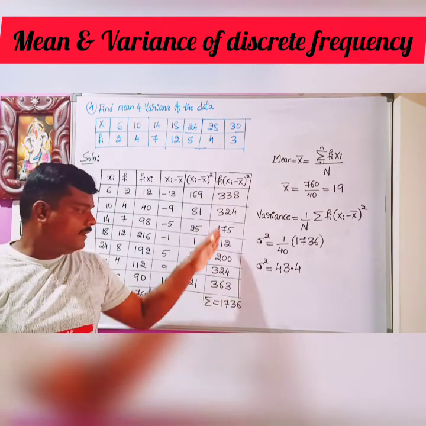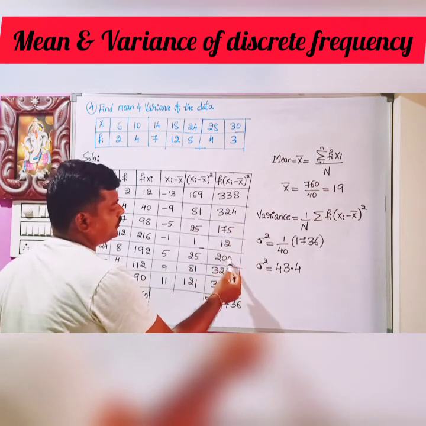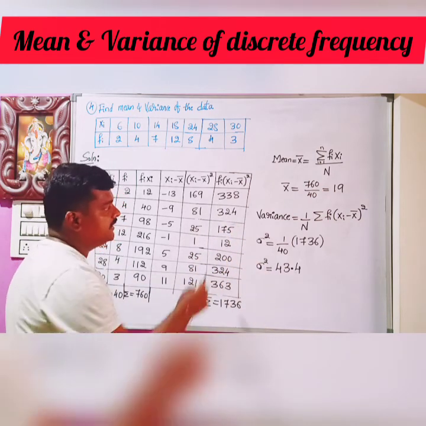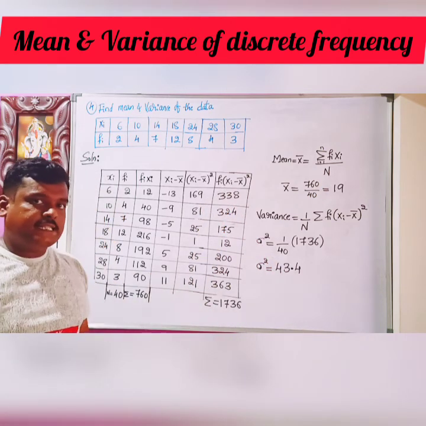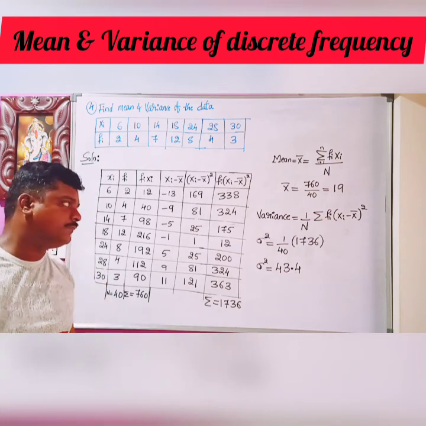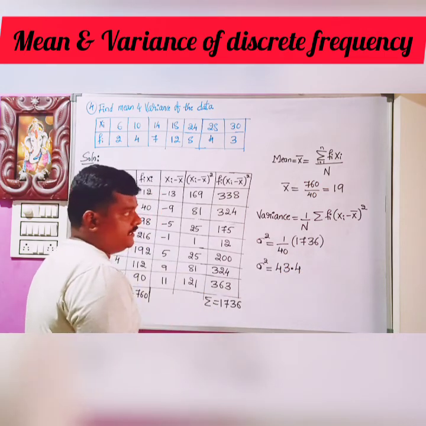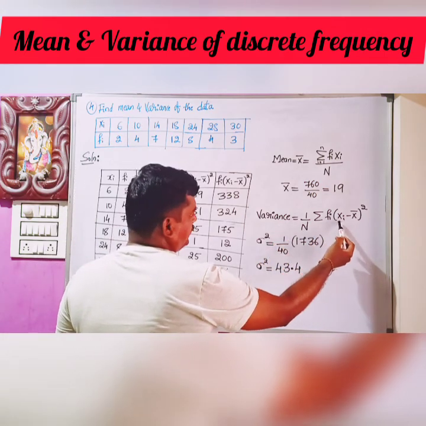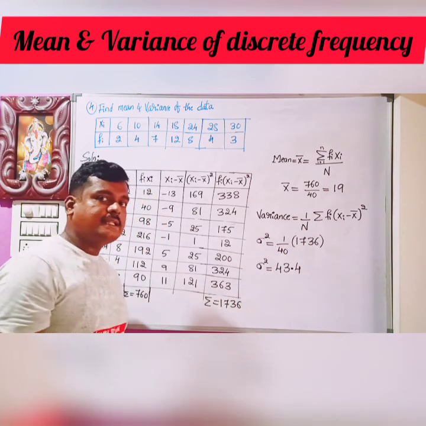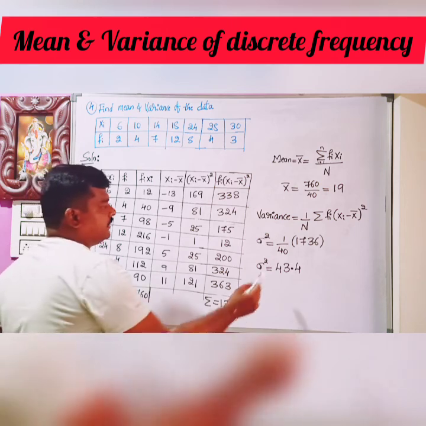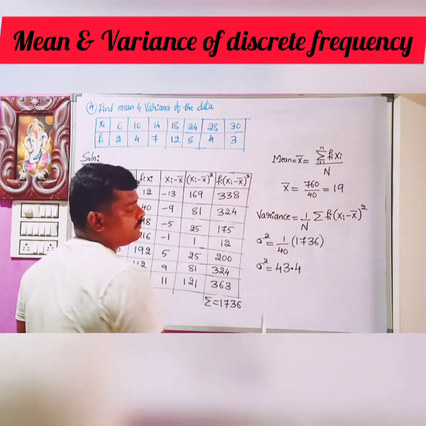Next, add these values: 338, 324, 175, 12, 200, 324 and 363, which gives 1736. The variance formula is this one. In the numerator we have 1736, divided by n, the sum of frequencies, which is 40. 1736 by 40, the answer is 43.4.